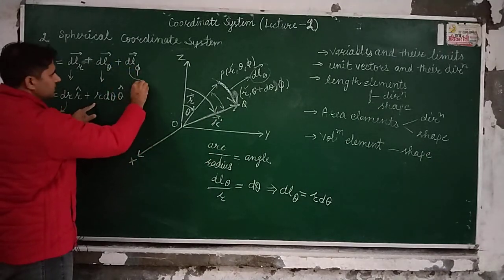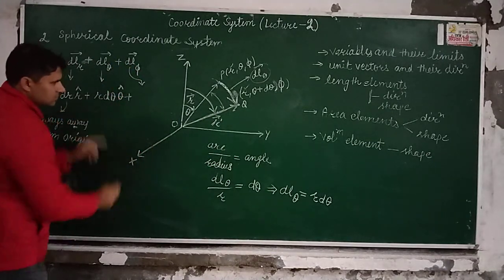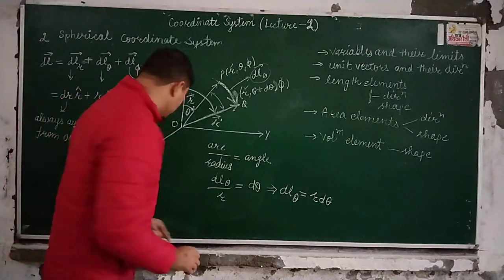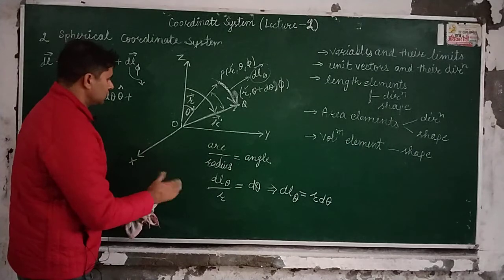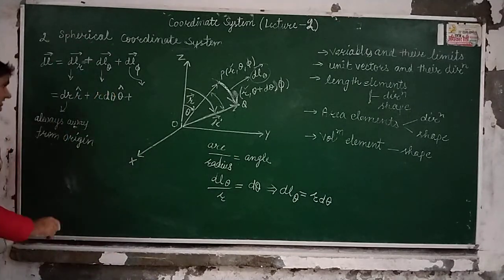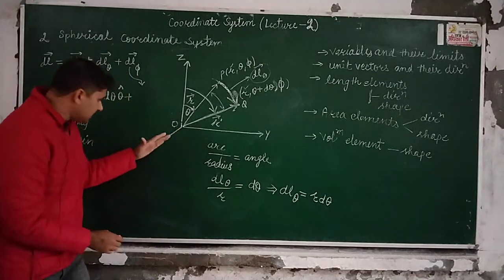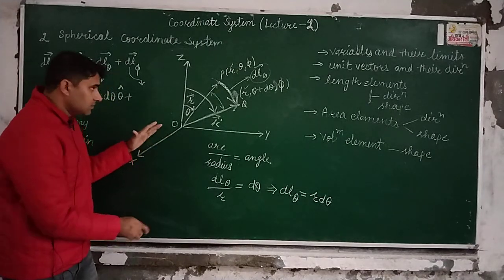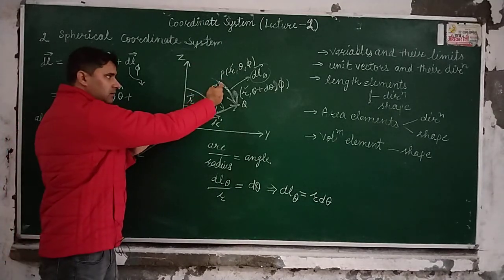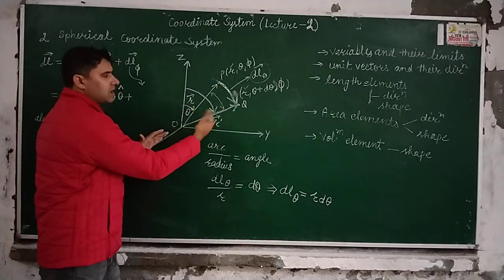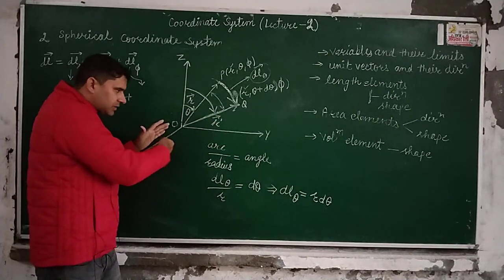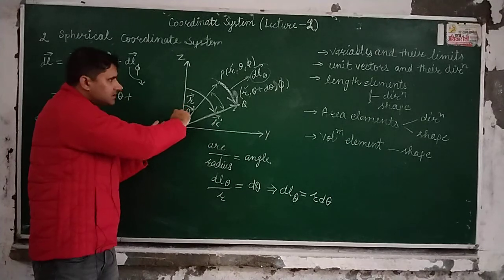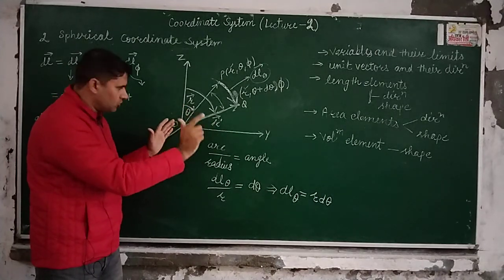Now come to this element. Now see, what is phi? Phi is the angle made by the projection of vector r or r dash in the xy plane. The angle phi is covered in the xy plane and its range is from 0 to 2 pi, as I have told you.